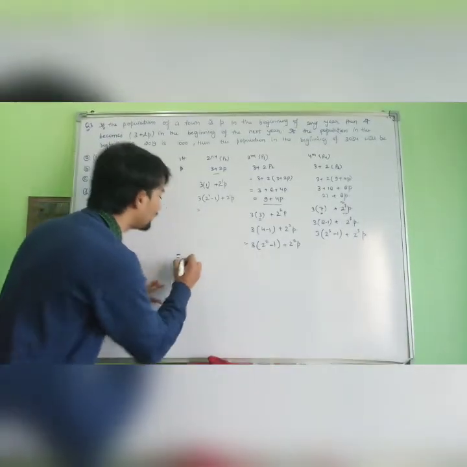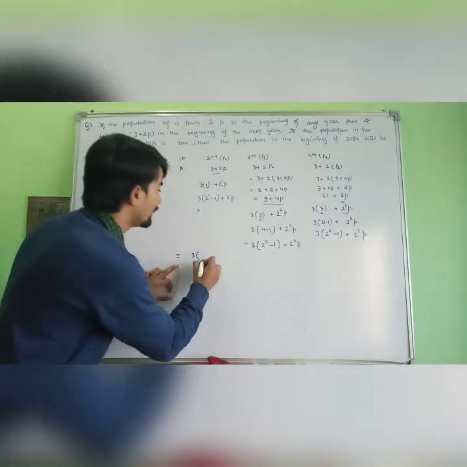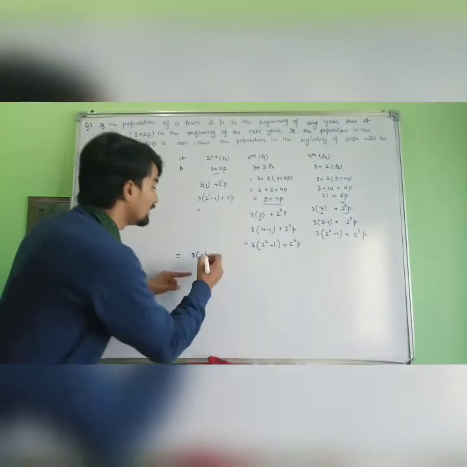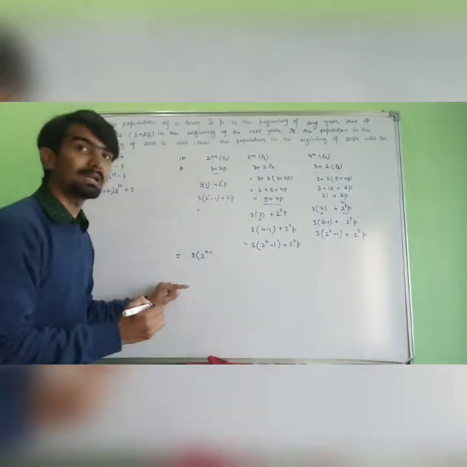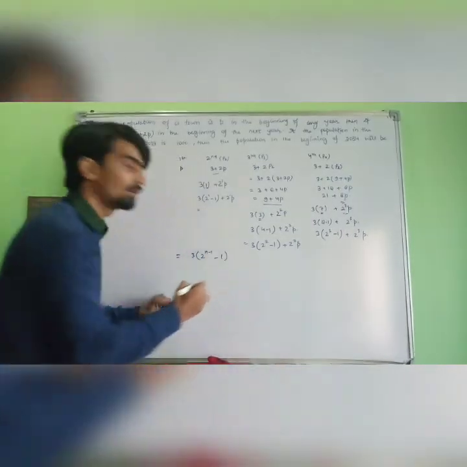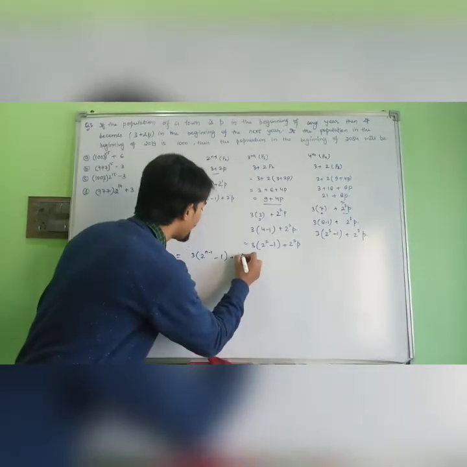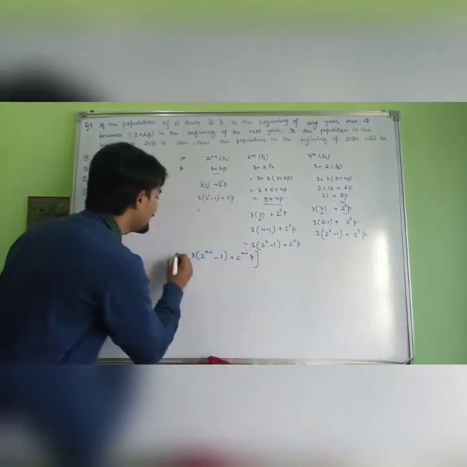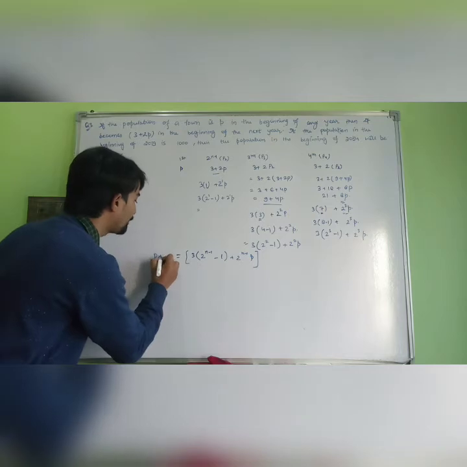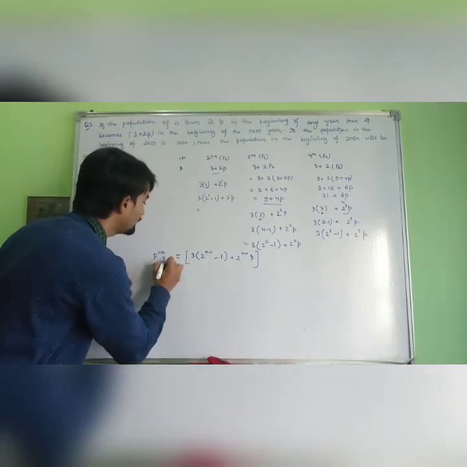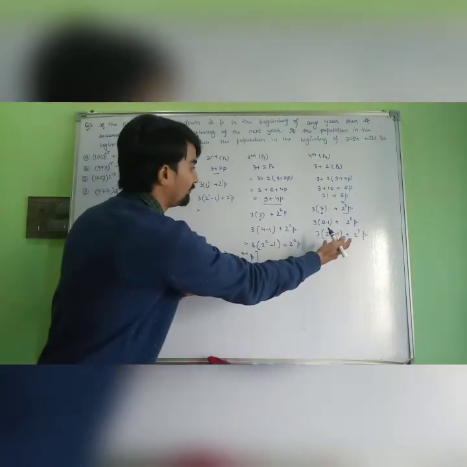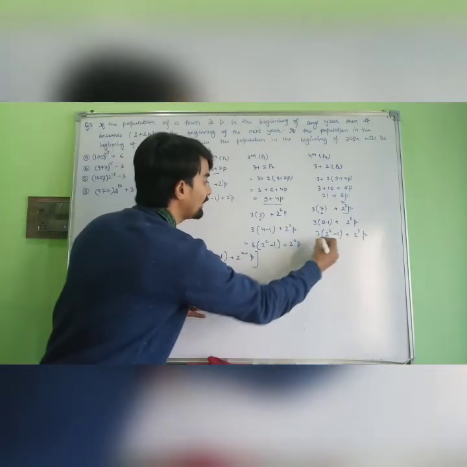The general formula will be 3 times 2 to the power n minus 1, minus 1, plus 2 to the power n minus 1 into P, right? This is the general formula for the nth year, and we can clearly see it from the pattern.